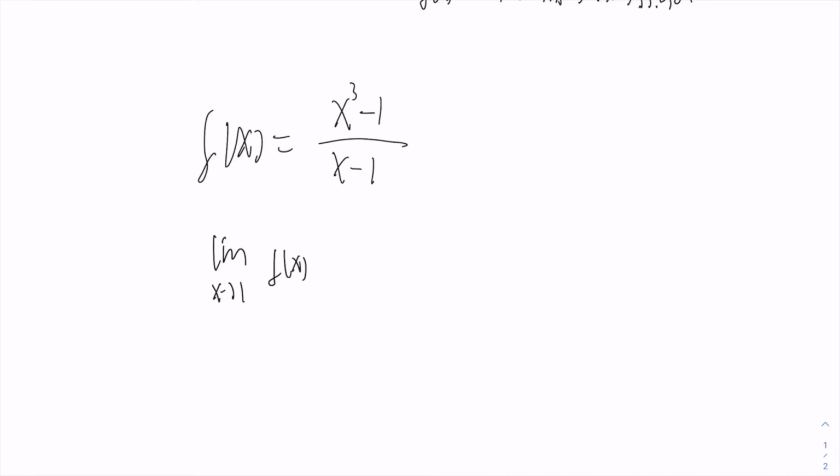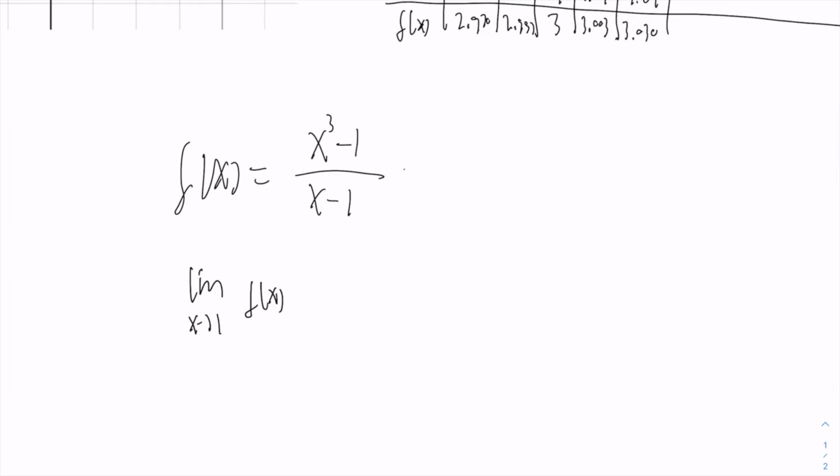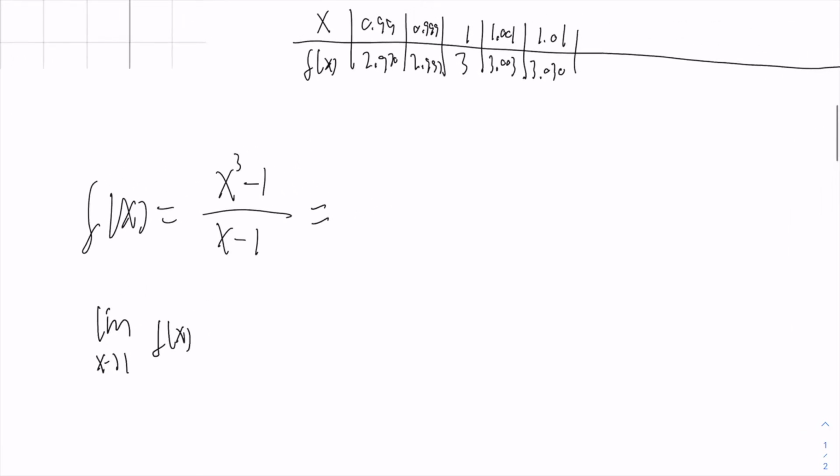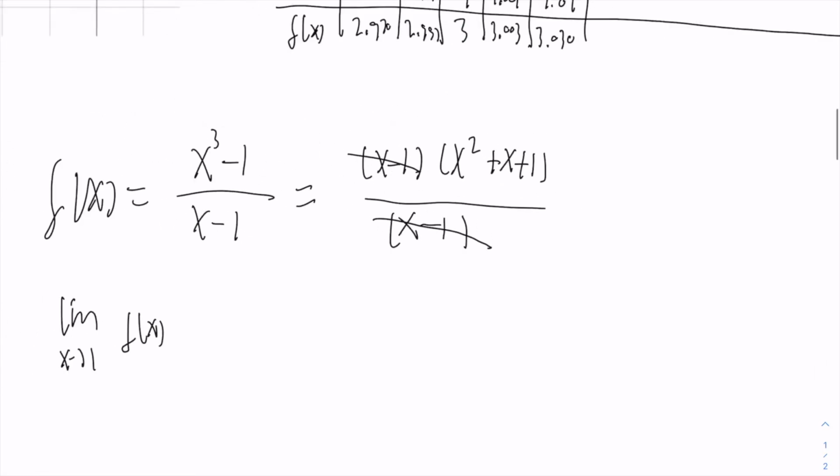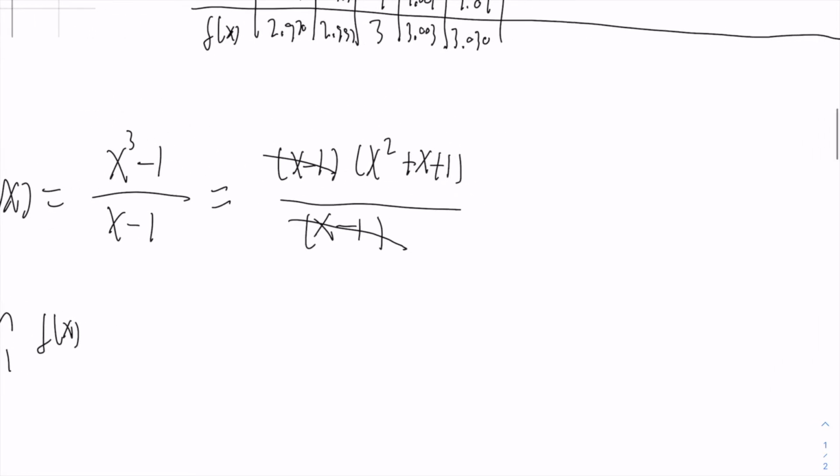However, you can expand f of x to x minus 1 times x squared plus x plus 1, over x minus 1. And boom, you can cancel this out. So when x is 1 now, it's just going to be 1 squared plus 1 plus 1, which is equal to 3.